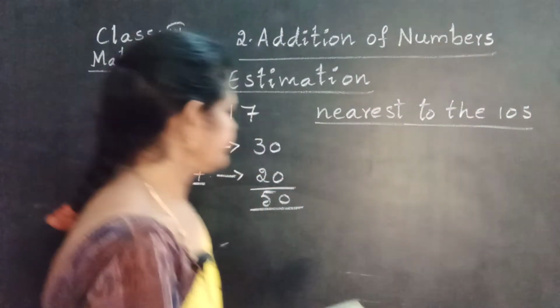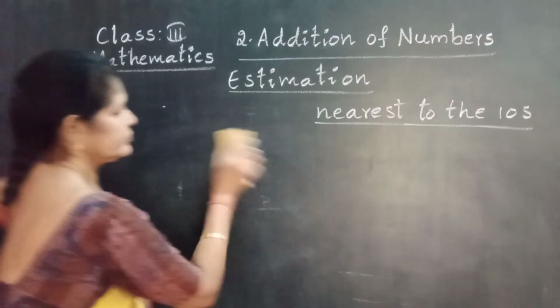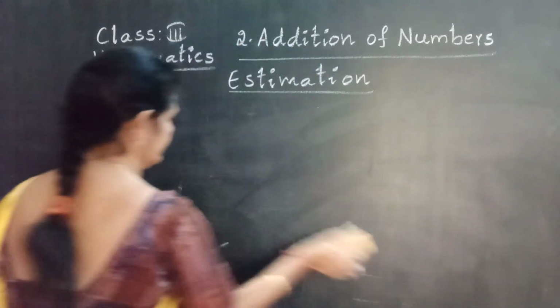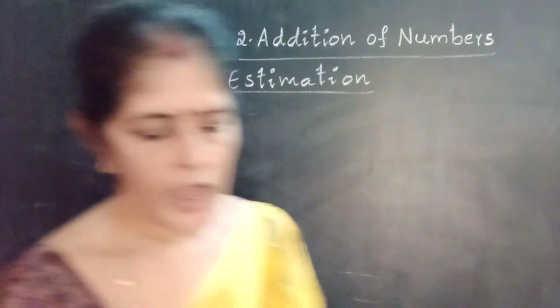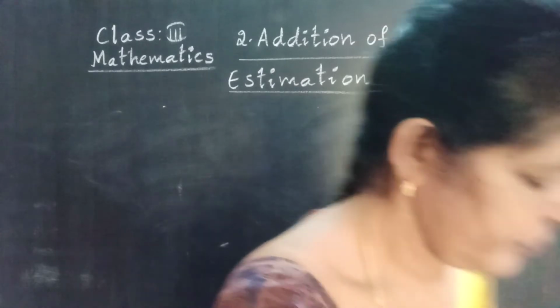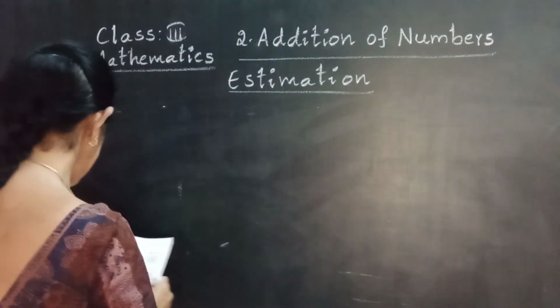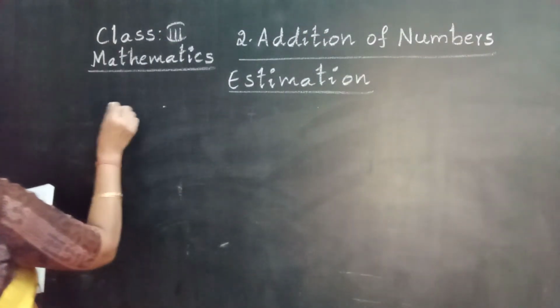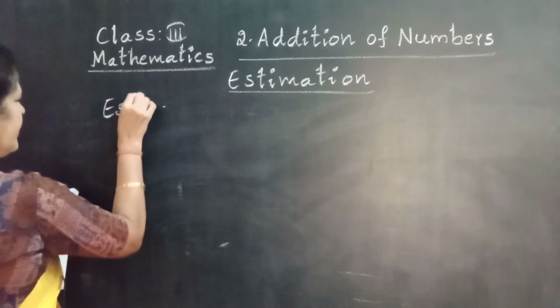Estimated sum. Another example. Rounding of numbers. Estimate the sum to the nearest 10.